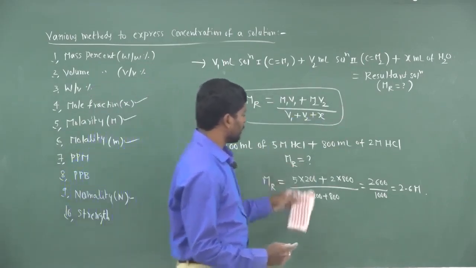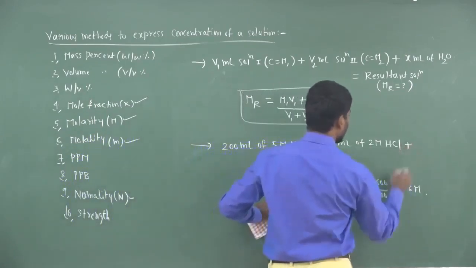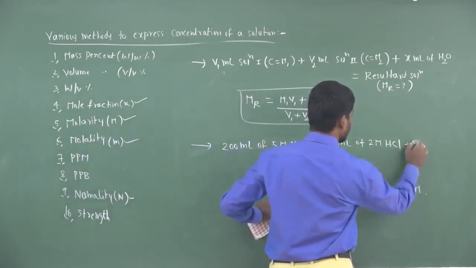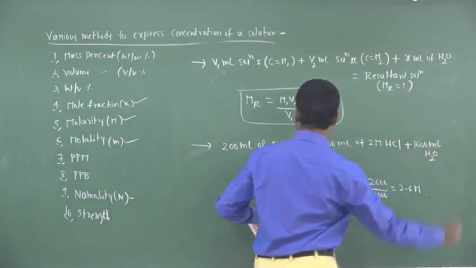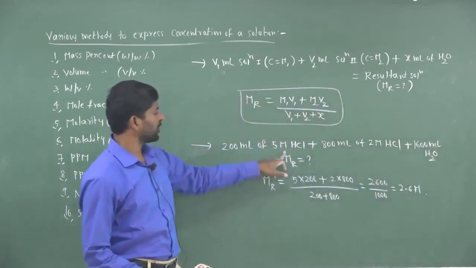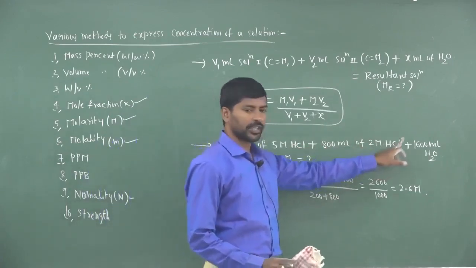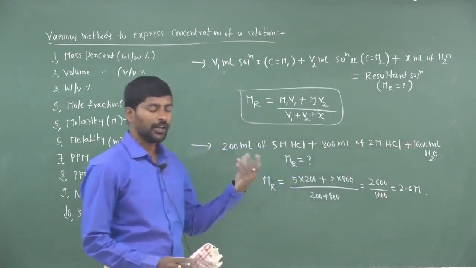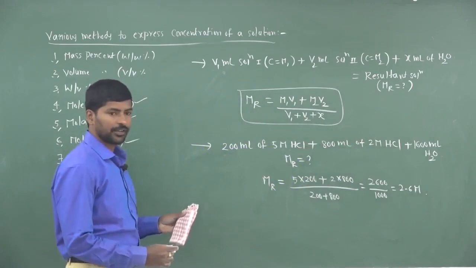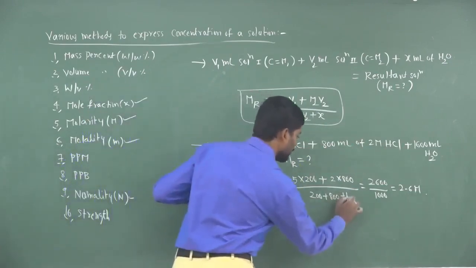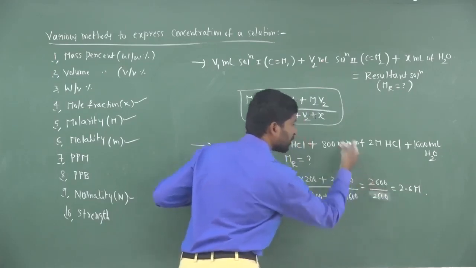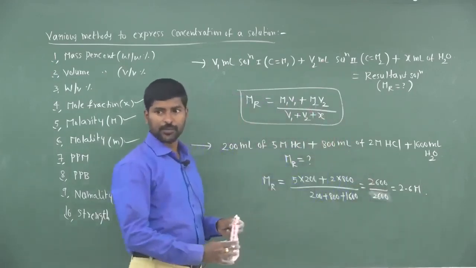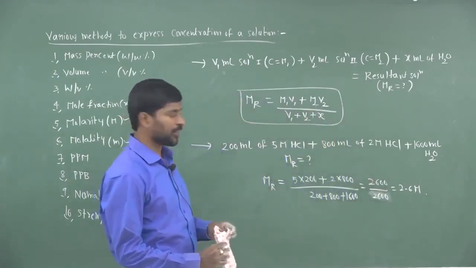For the same question, for example, we are adding 1600 ml of water to 200 ml of 5 M HCl and 800 ml of 2 M HCl. What is the resultant solution molarity? We will get 1 molar. The number of moles or millimoles of solute cannot be changed during dilution.